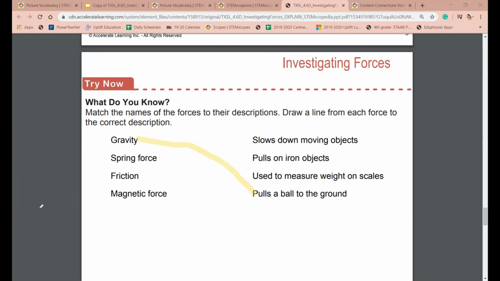Okay, next one, spring force. Good. Okay, friction. Good, slows down moving objects. And lastly, magnetic force. Good, pulls on iron objects.